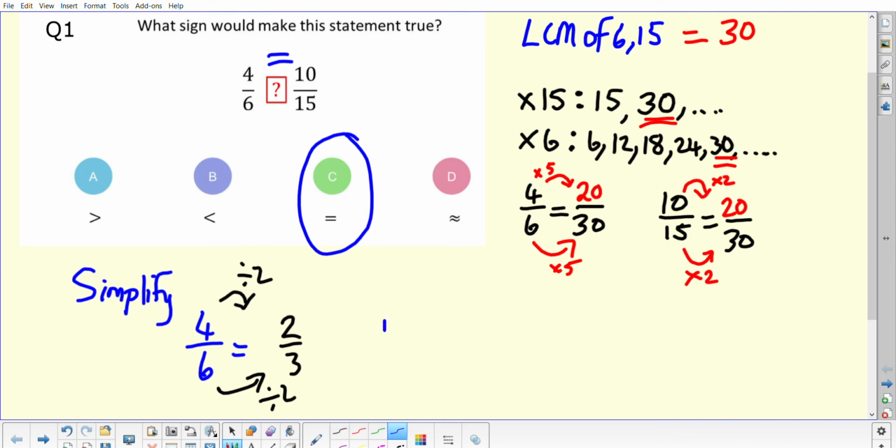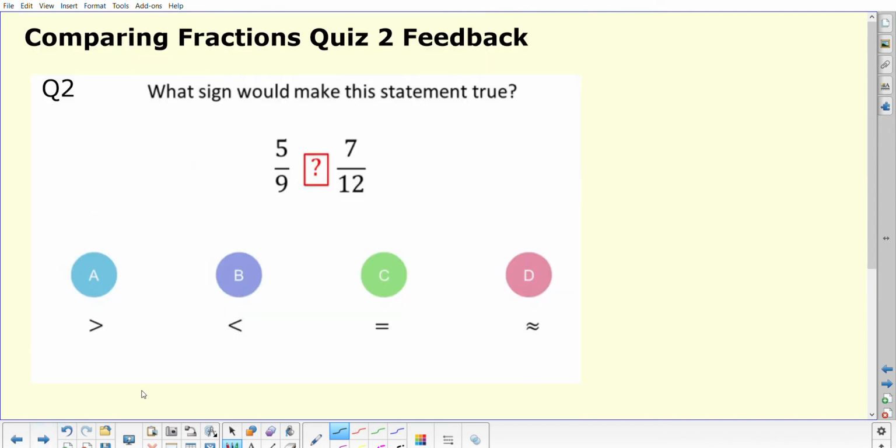If we also took the 10/15ths, we could spot this time that what you can do is divide by 5 this time, and that will get you to the same fraction, so you get 2 over 3. So both of these fractions, 4/6 and 10/15ths, are the same fraction as 2/3, so they are equal to each other. So that one, you could have had 2 different ways to get to the answer.